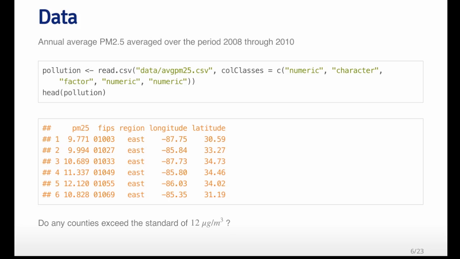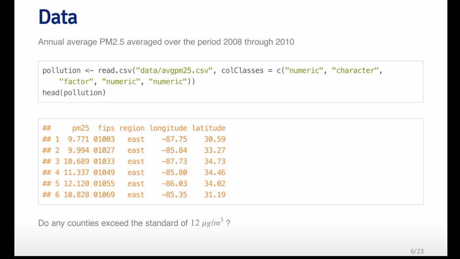Then the FIPS column is an identifier for the county, and the region is just whether this county is in the east or the west. The longitude and latitude are the coordinates for the monitor in that county.